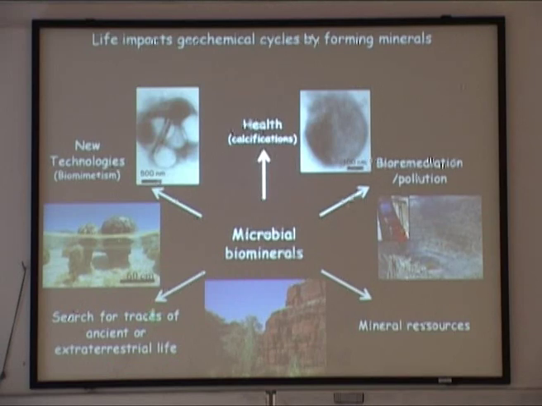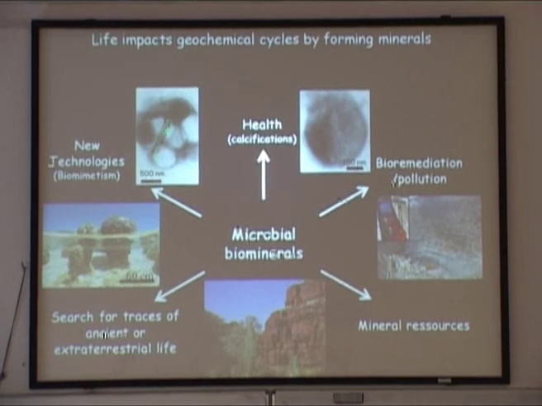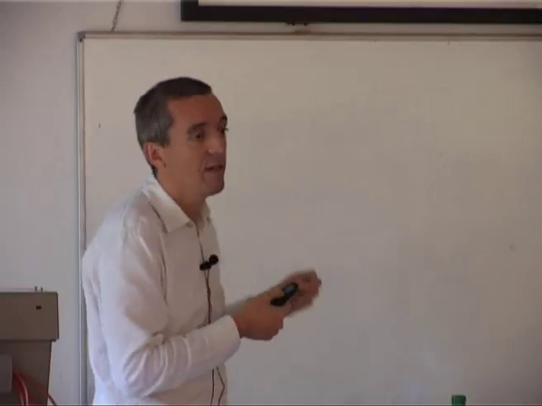It has also been proposed that if you want to look for extraterrestrial life, you might find it in rocks. And finally, this is again a transmission electron microscopy picture of a bacterium. You see a cell here, and you see these minerals here that are magnetite nanocrystals.